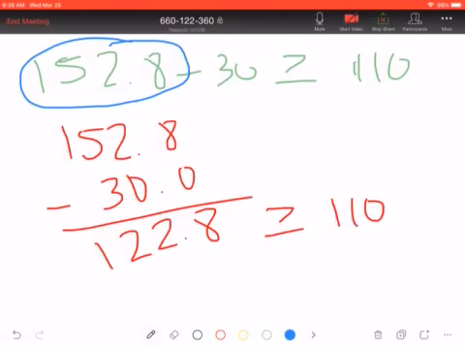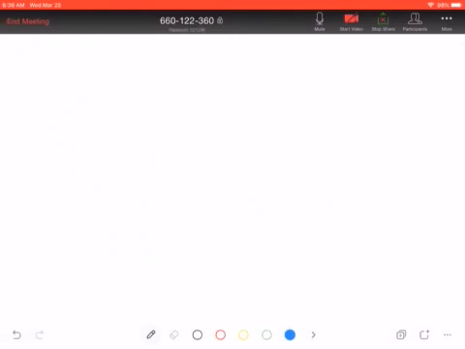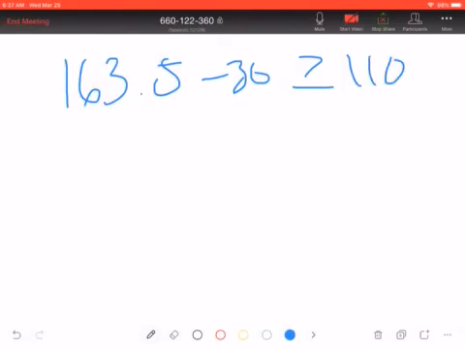And then finally, we'll test our last one, and it's 163 and a half. So we'll just go 163 and a half minus 30. Is that greater than or equal to 110? So we'll just solve 163 and a half minus 30.